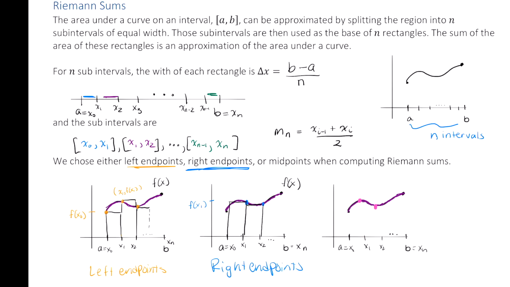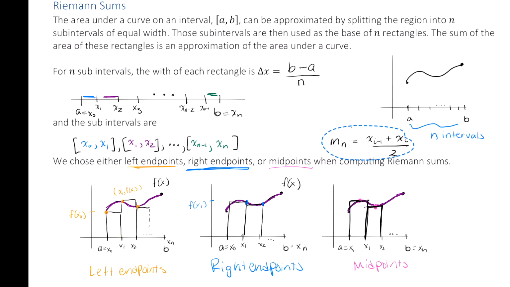And my rectangles are going to be this tall now. And again, that would give me a different area when I use midpoints. And so for this first interval here, we'd compute our midpoints using this formula, where we would add up the max, the min, and divide by 2, and that'll give us this midpoint here. And so that's one midpoint, here's another midpoint.